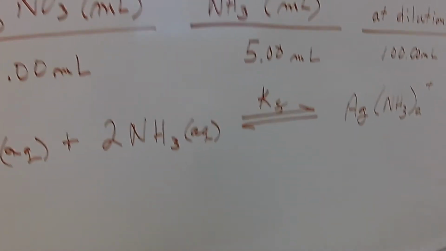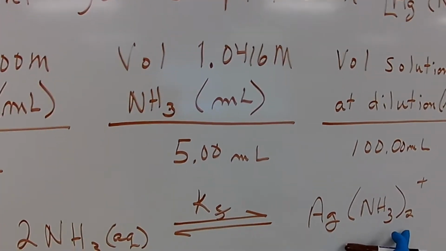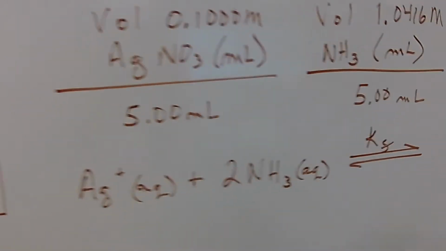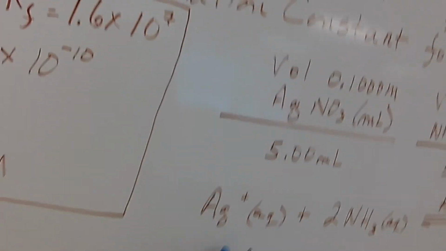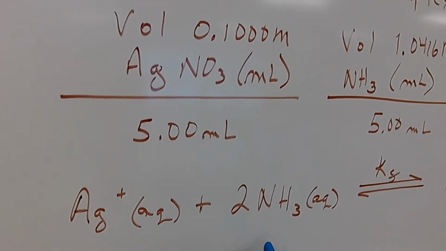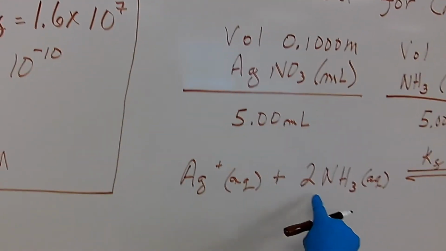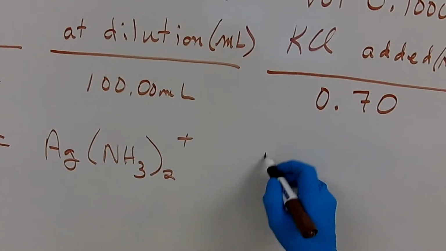All right? So what does that expression look like? Well, the Kf would be, the same equilibrium rules apply. It's the product of the reaction divided by the mathematical product of the concentration of silver divided by the concentration of ammonia squared. Okay? So this expression is going to look like this.